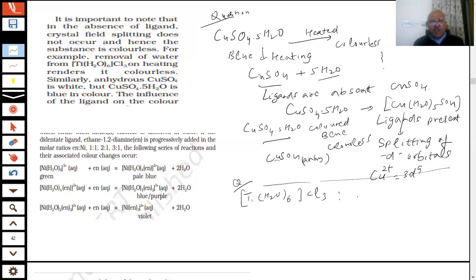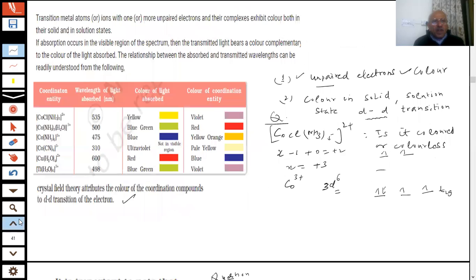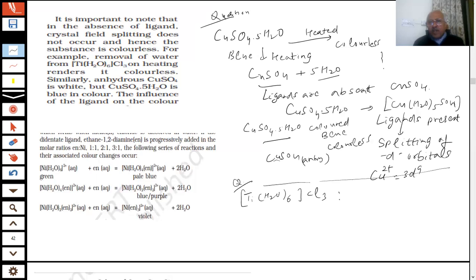It is violet. On heating, what happens? It becomes colorless.